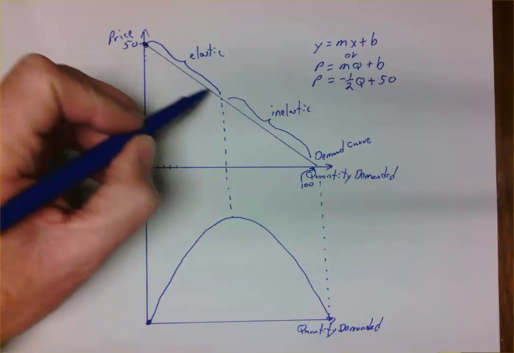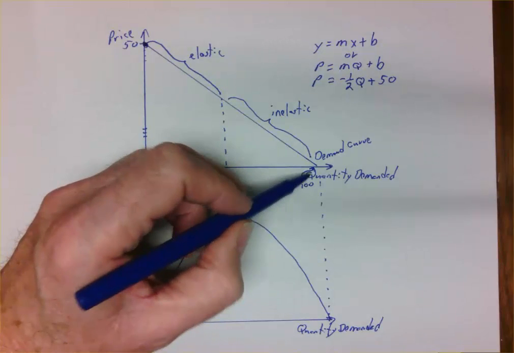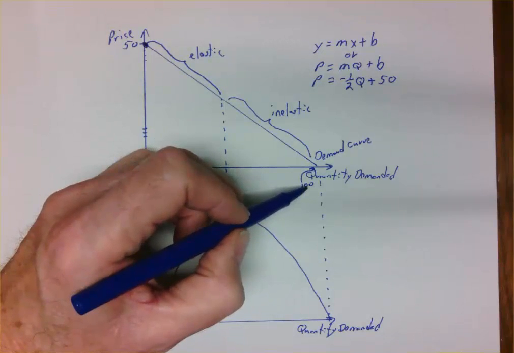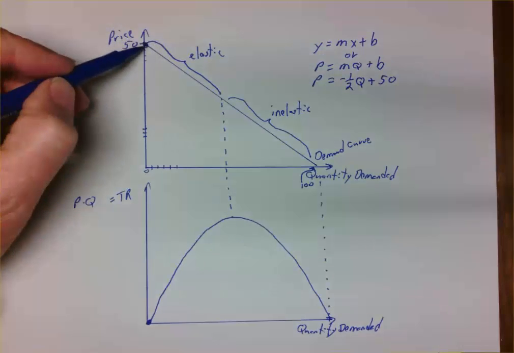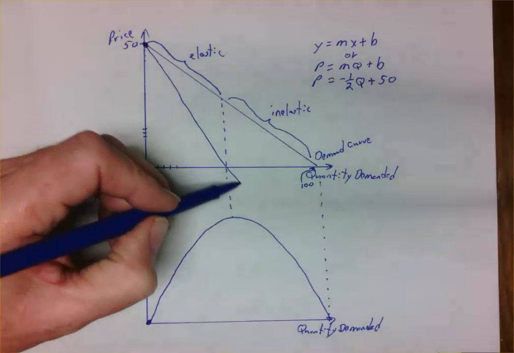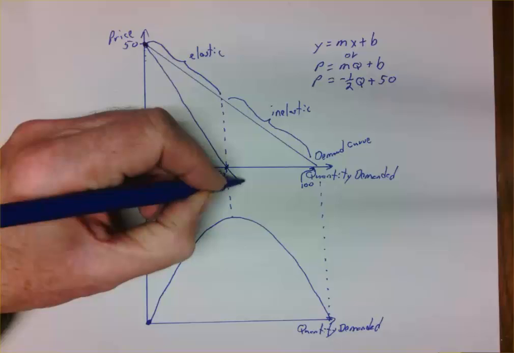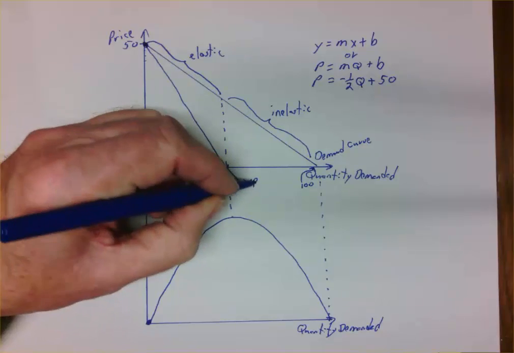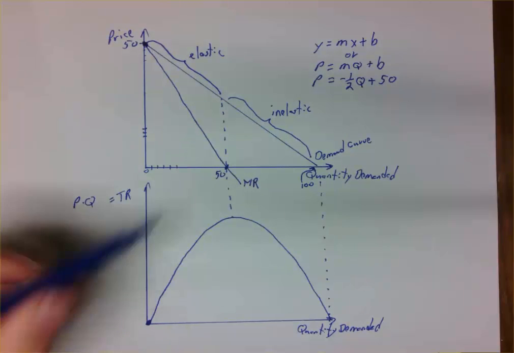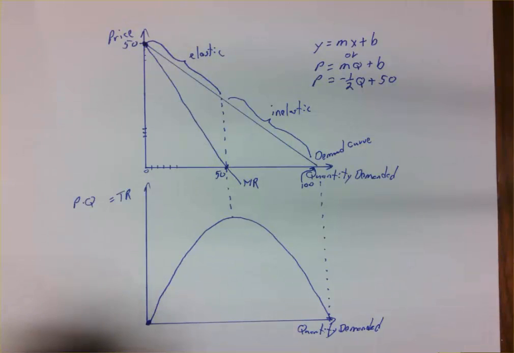So if the demand curve falls such that it hits at 50, I beg your pardon, it hits at 100, and marginal revenue is falling at twice the rate, marginal revenue is going to hit at 50. And so that's the relationship between a demand curve, marginal revenue, total revenue, and elasticity.